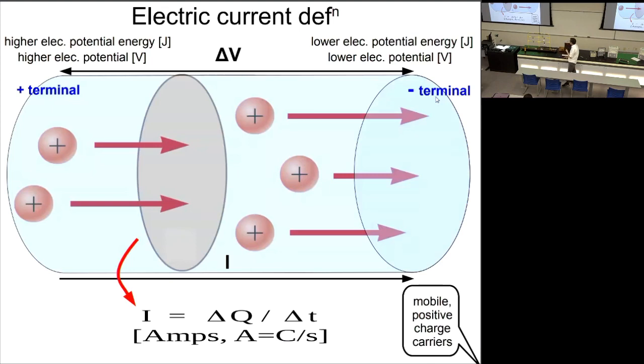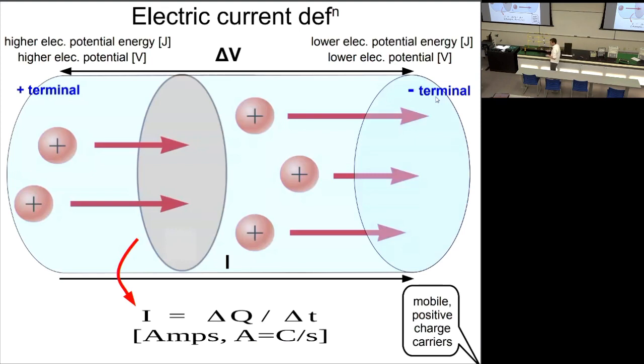Over here on the right-hand side, for the positive charges, is the lower electrical potential, so this is the bottom of the waterfall. This is like I've connected the positive terminal of the battery over here on the left, and the negative terminal of the battery over here on the right.